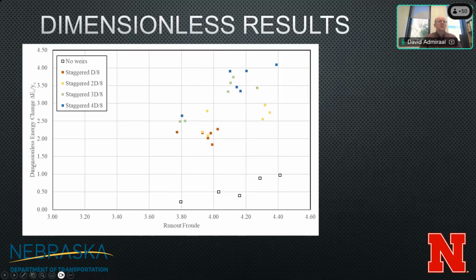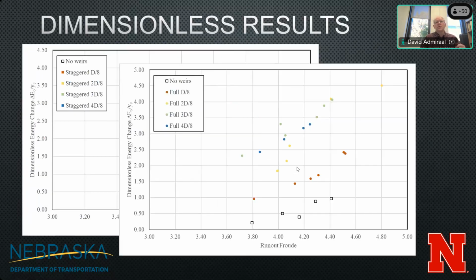The reason these dimensionless energy changes are useful is because I can use these same results in a prototype as what I use in the model. So I can take these results directly, bring them to the prototype in the field, and figure out what the energy loss is going to be, and use that to figure out head losses and the outlet depths and so on. And then for the full length weir, we have a similar diagram right here.